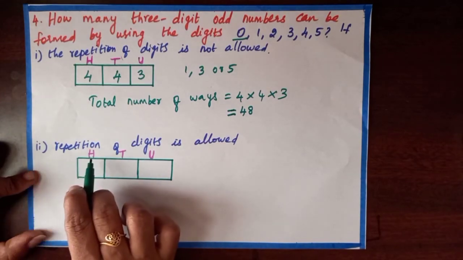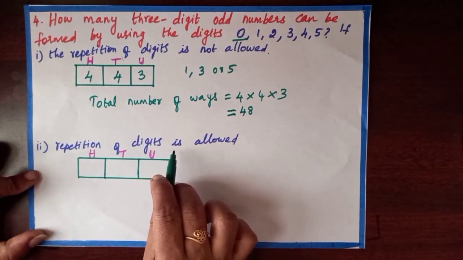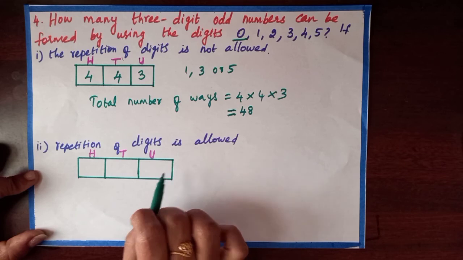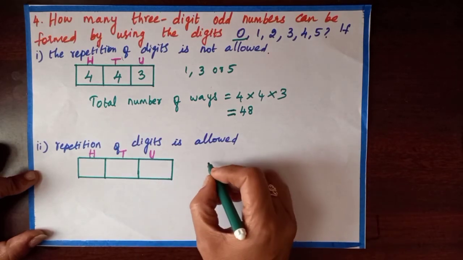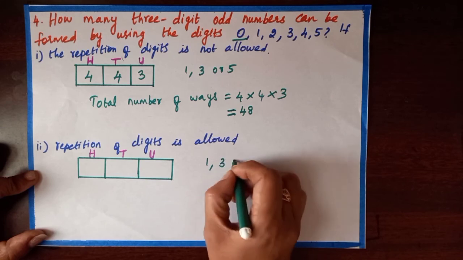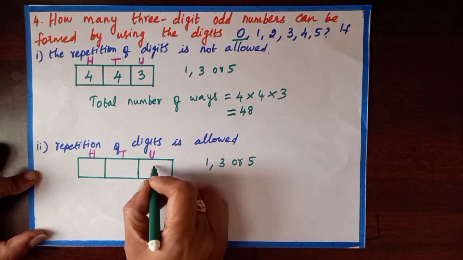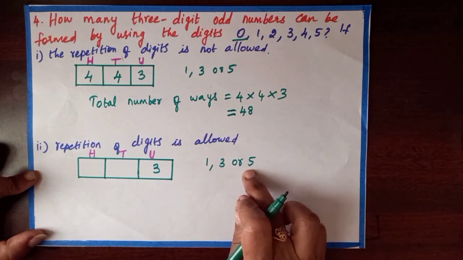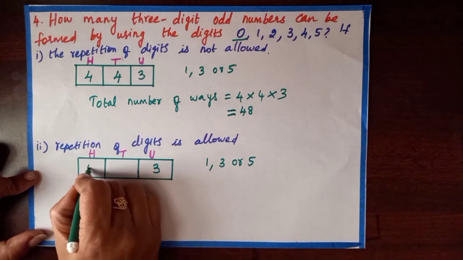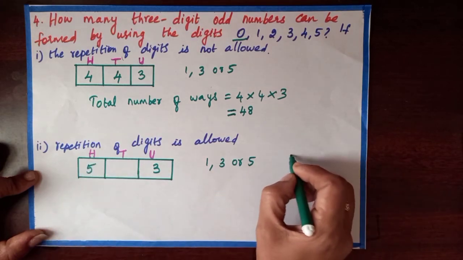Second subdivision, repetition of digit is allowed. The unit place can be filled in 3 ways using the digits 1, 3 or 5, since we need 3-digit odd numbers. Hundreds place can be filled in 5 ways, excluding 0.